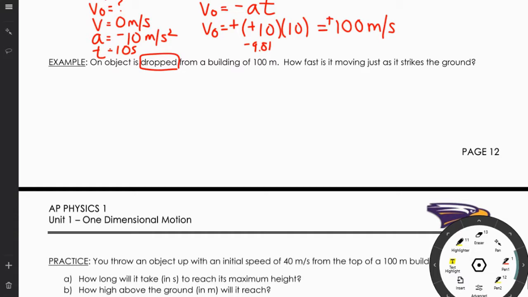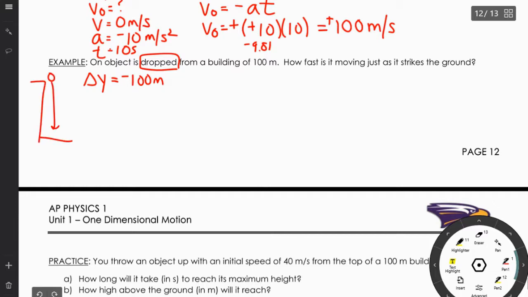Okay, so if we write down our information, our displacement is negative 100 meters. Because if this is my scenario, this is where y equals 0, so our initial is 0, and my final is below that point, so it's going to be a negative 100 meters.